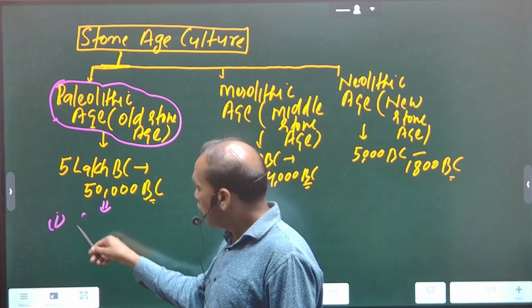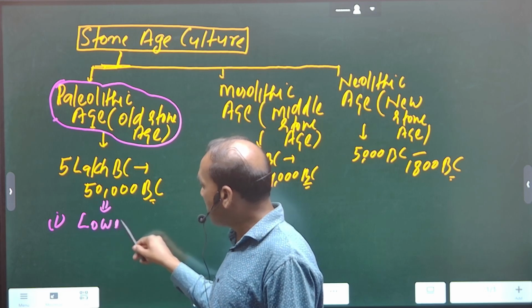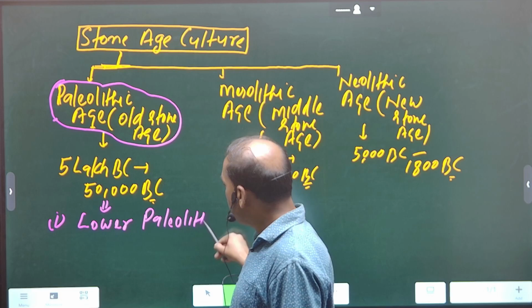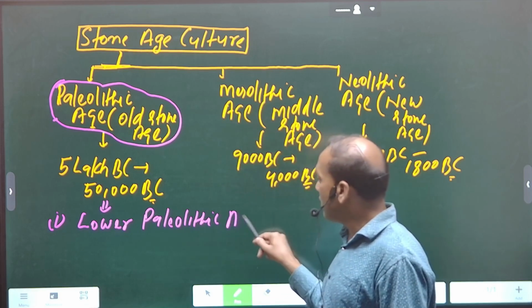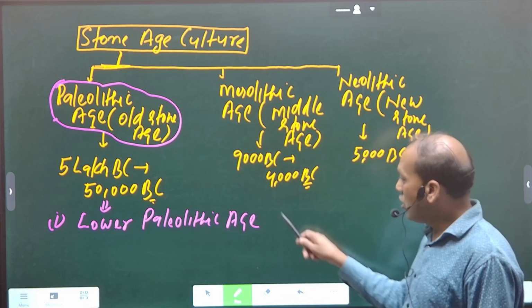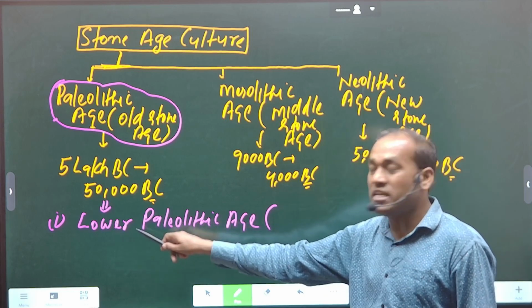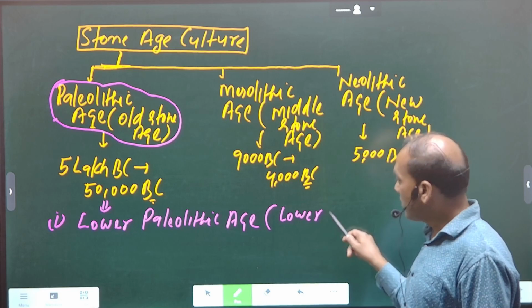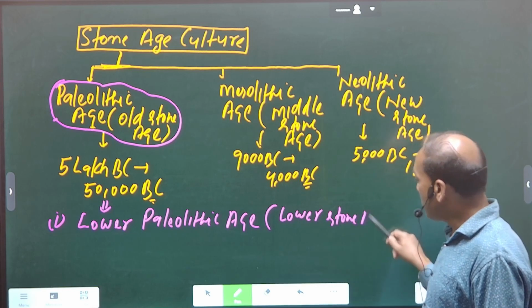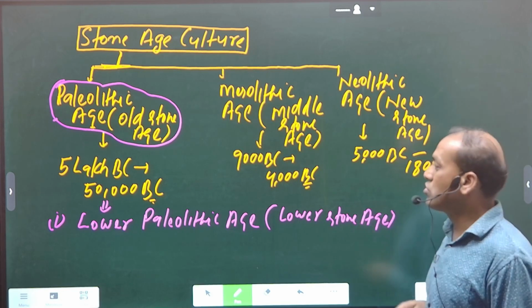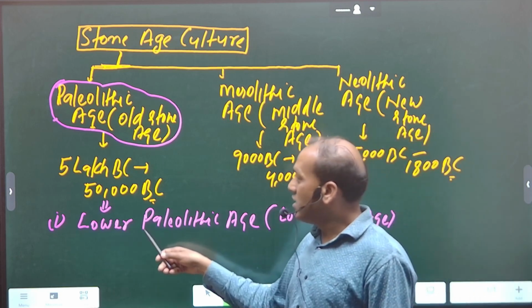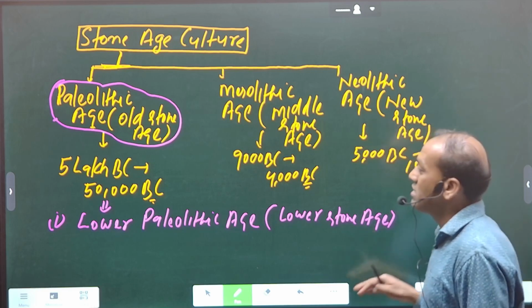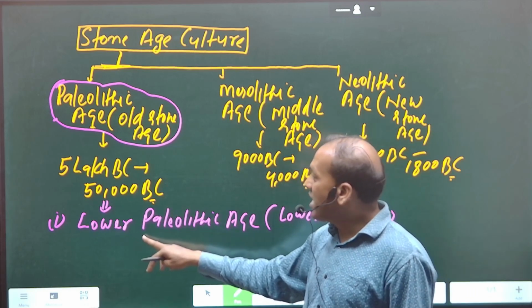First is Lower Paleolithic age, or you can say Lower Stone Age. Time period, Lower Paleolithic age, Lower Stone Age, time period 5 lakh BC.